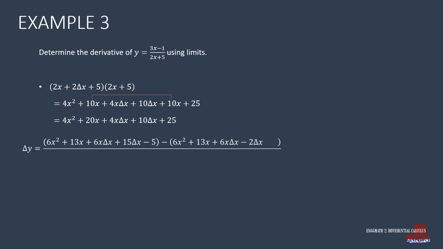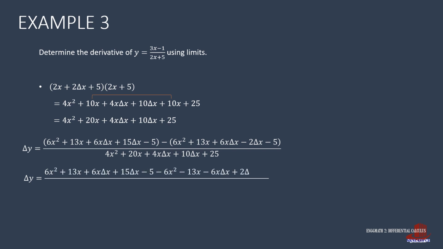Place all the 3 terms in the delta y function and take out the parentheses. So the function becomes 6x squared plus 13x plus 6x delta x plus 15 delta x minus 5 minus 6x squared minus 13x minus 6x delta x plus 2 delta x plus 5 over 4x squared plus 20x plus 4x delta x plus 10 delta x plus 25.